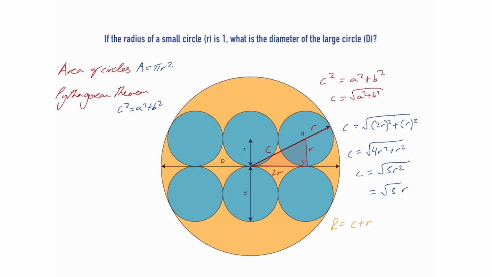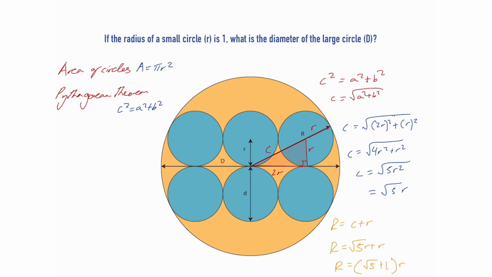We just defined that c value in terms of lowercase r. Root 5 r plus r. So what I can do is factor out the r value. So I have root 5 plus 1 times r.